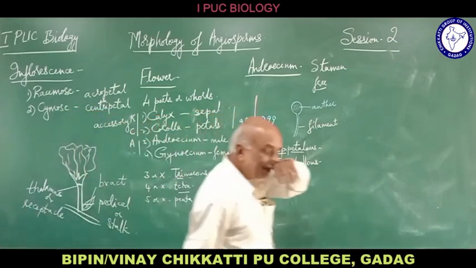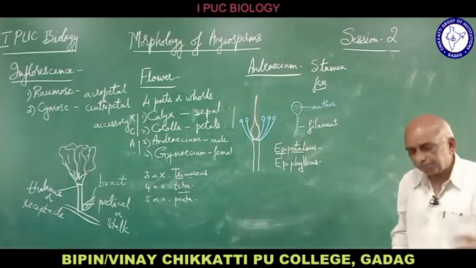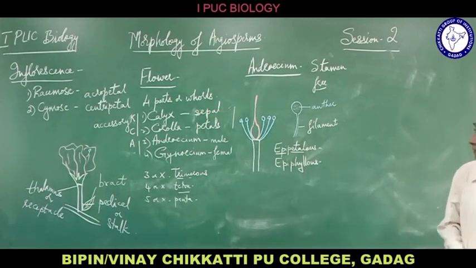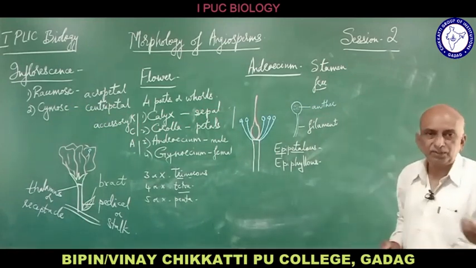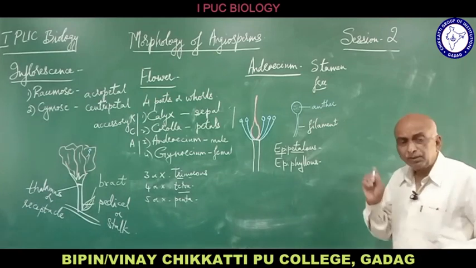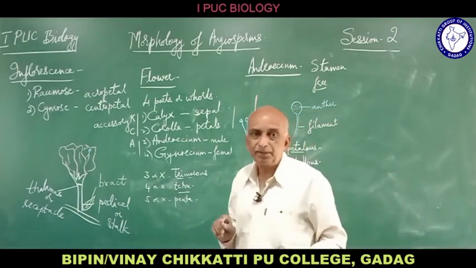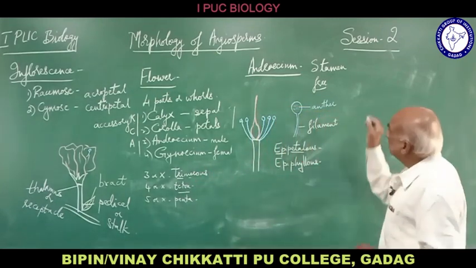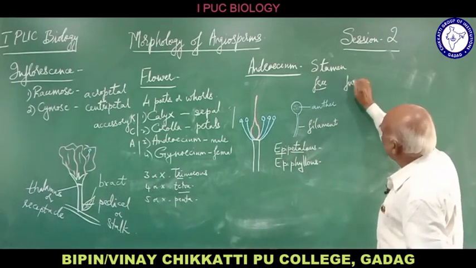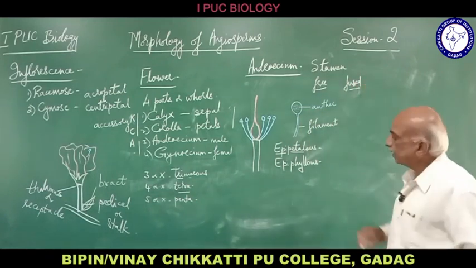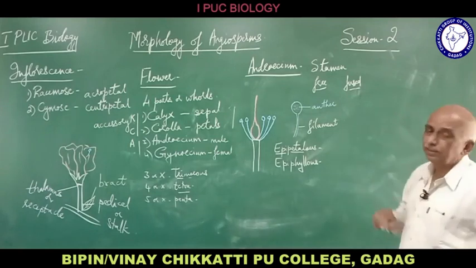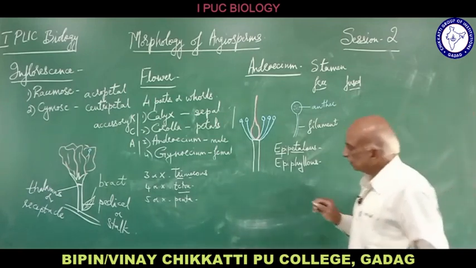Here also, in the case of androecium, stamens may be free or fused. When the stamens are free, there is no particular term. We just refer to it as stamens freely arranged. But when the stamens are fused, again the fusion is of different types.